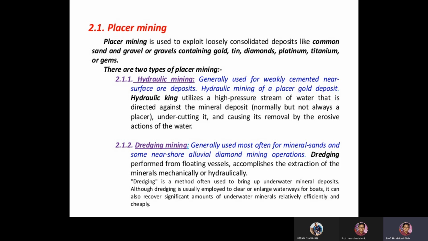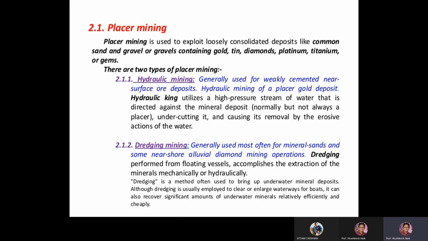Like common sand and gravel, or gravels containing gold, tin, diamonds, platinum, titanium, or gems. These are the type of minerals which can be mined by placer mining methods.